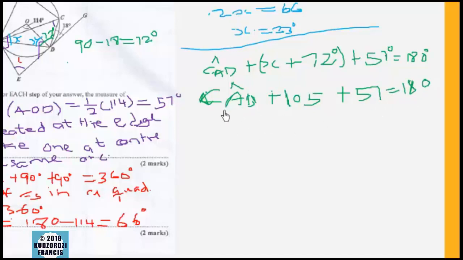Then we can solve for CAD: angle CAD is equal to 180 minus, in brackets, 105 plus 57.